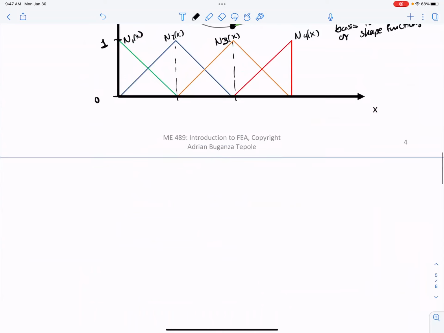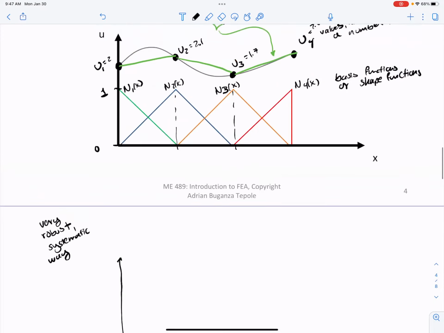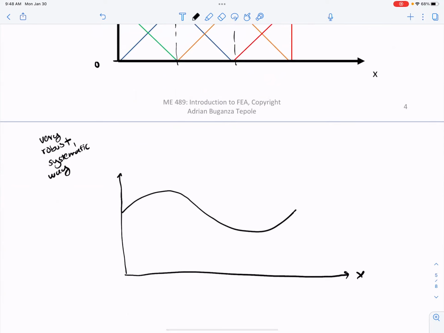So let's say that I want the same function. Let's try to replicate my function. So this was the U function, right?